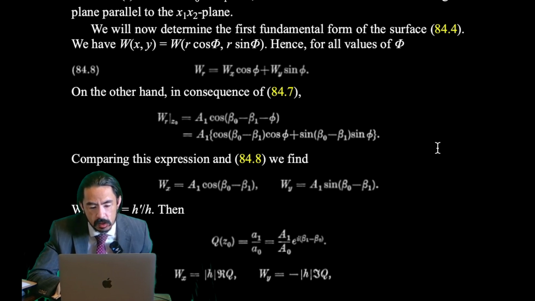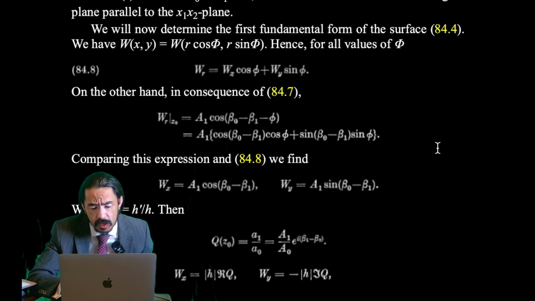And comparing this expression and what is right above it for capital W sub r, we find that capital W sub x is equal to capital A sub 1 times cosine of beta naught minus beta 1, and capital W sub y is equal to capital A sub 1 times the sine of beta naught minus beta 1.